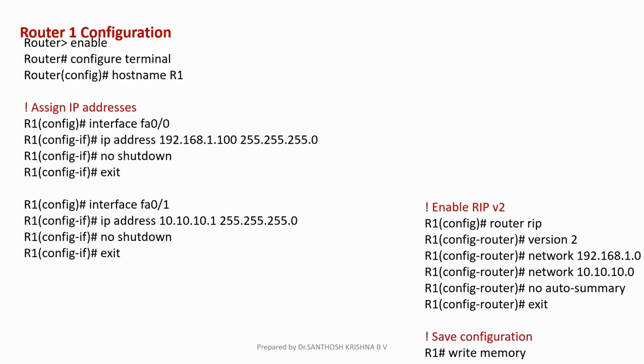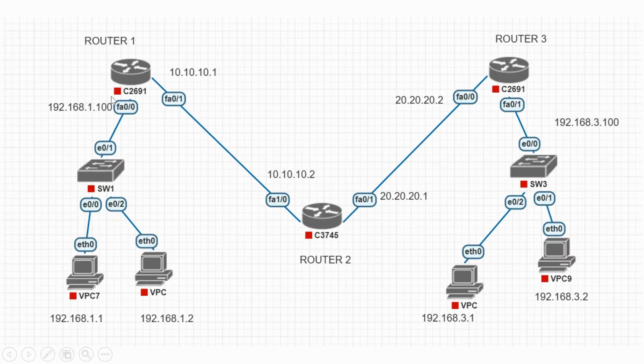We are using version 2 here. So the command is router RIP version 2, and network followed by the directly connected networks. See here, 1.0 and 10.0 are the two networks directly connected to router 1. I'll show you here: the 1 dot network and 10 dot network are directly connected to router 1.